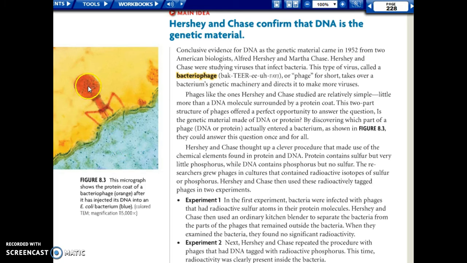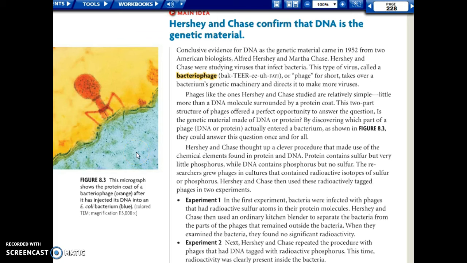Well, if this bacteriophage is passing on protein to the bacterium and this protein is glowing, then it should glow inside the bacterium too. But they didn't find that. There was nothing glowing inside this bacterium after the bacteriophage had infected it. So that ruled out protein right there. If it's glowing and the glowing part is passed on, then we should see glowing.